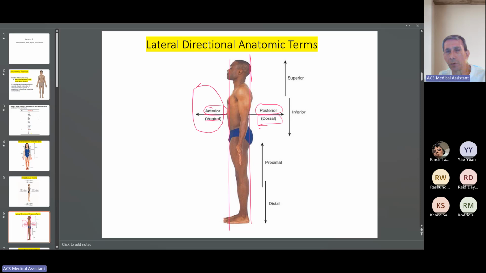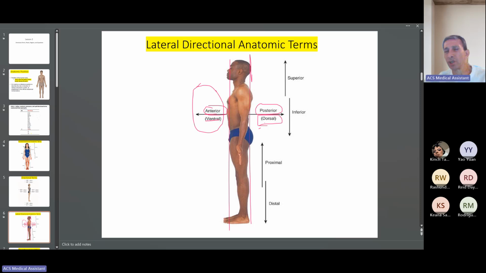Then you look for front. Or vice versa, you can have a question that the doctor is examining the front of the patient's body. What is the doctor examining? Then you look for anterior or ventral.